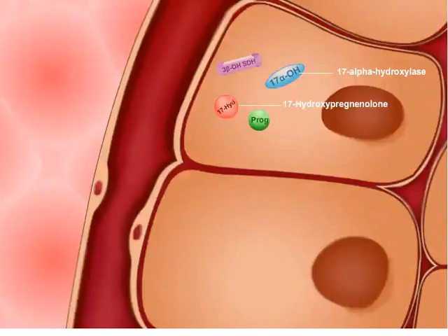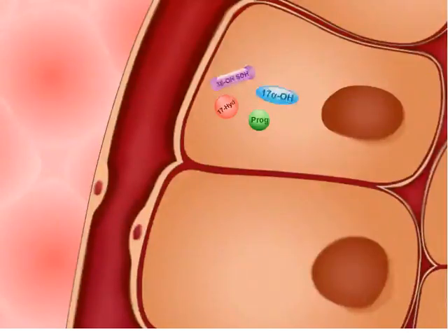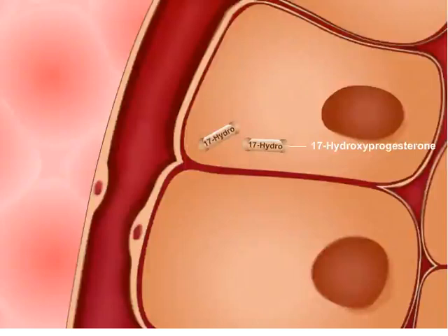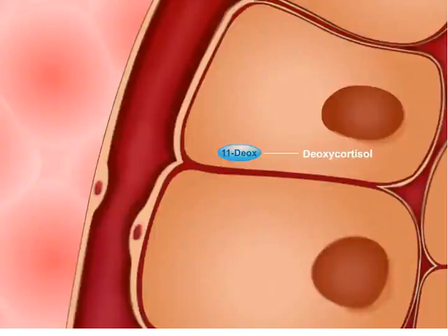The other is from 17-hydroxypregnenolone via 3-beta-hydroxysteroid dehydrogenase. 17-hydroxyprogesterone is then converted by 21-beta-hydroxylase to 11-deoxycortisol. 11-deoxycortisol is converted by 11-beta-hydroxylase to cortisol. Once formed, cortisol enters the circulation.